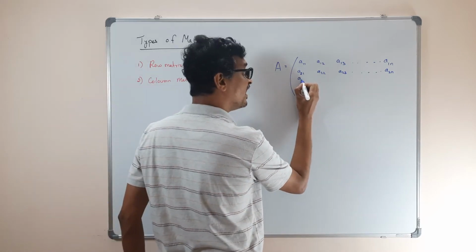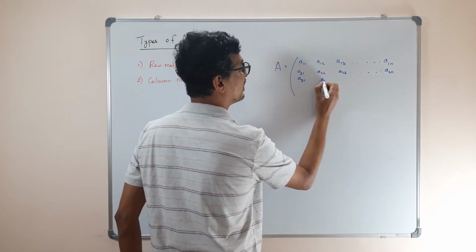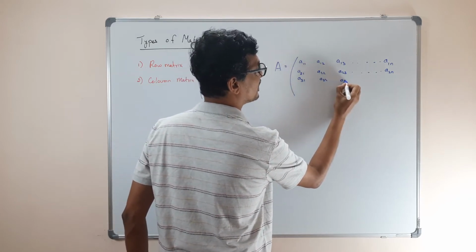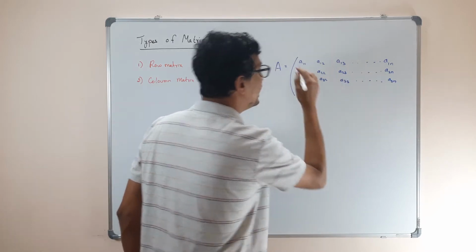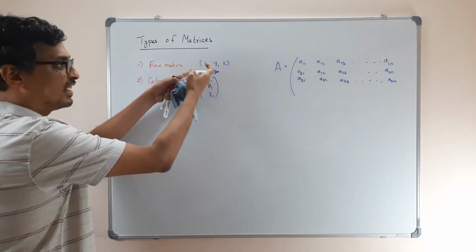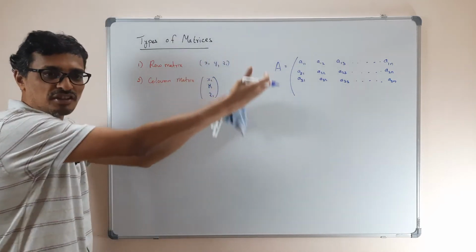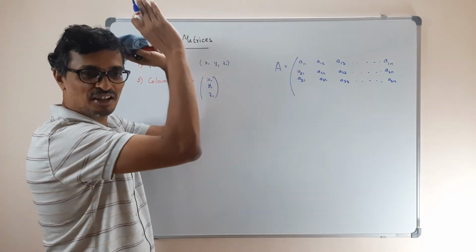Then the third row: A31, A32, A33, go on like that, A3N. So each A is a different number. Otherwise, if I write X, Y, Z, I'll have a shortage of alphabets, correct? Here I can write whatever number I want.